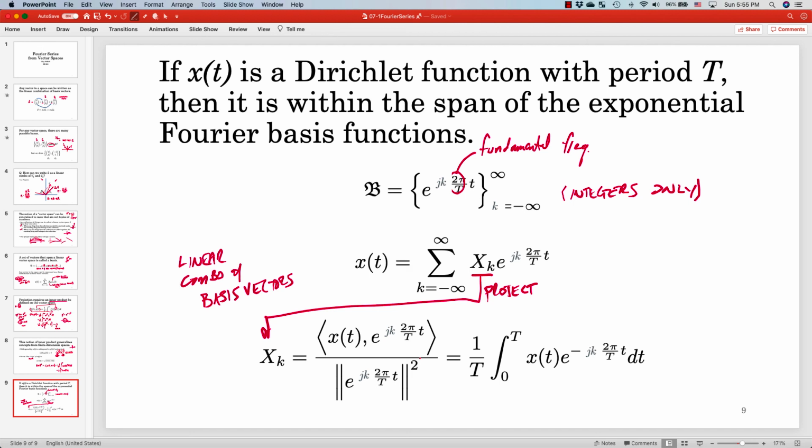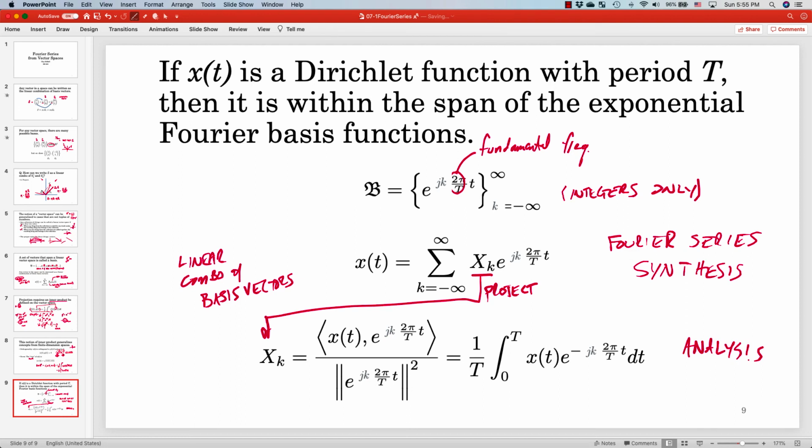And for this particular set of basis vectors, and for this particular definition of inner product, this always reduces to the following integral. These are actually familiar to you at this point. These are known as the Fourier series synthesis equation and the Fourier series analysis equations. I say plural there because there are an infinite number of these equations, one for every integer k.